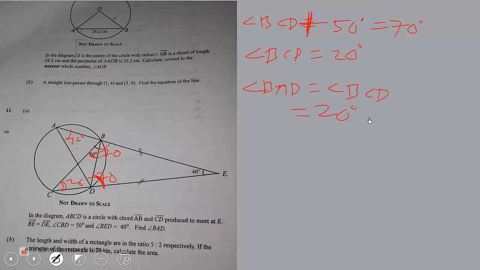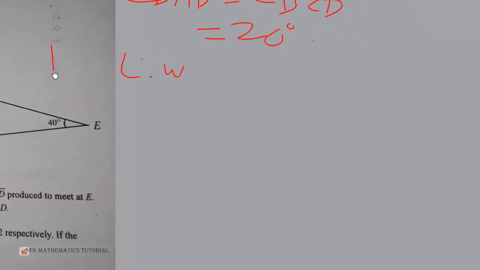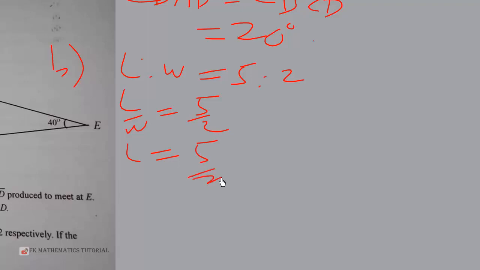Then let's look at the B part. The length and width of a rectangle are in the ratio 5:2. So length is to width in the ratio 5:2. This implies that L over W is equal to 5/2, or L is equal to 5/2 W. We can call this equation 1, since we expect another equation from the next information.